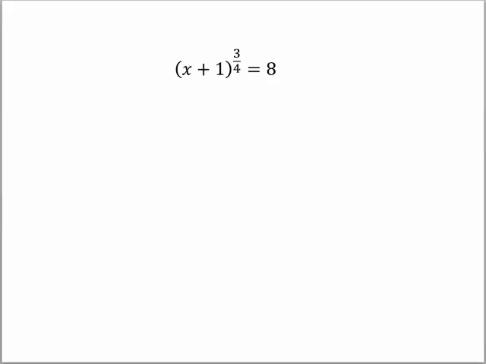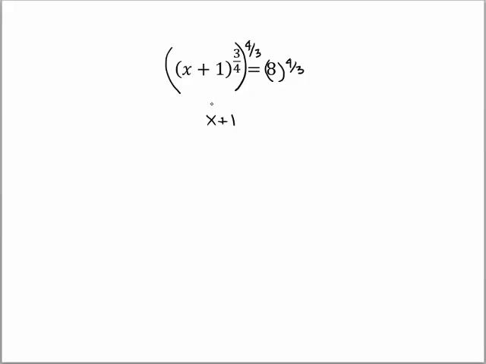All right, again, we're going to do the same thing. We want to get rid of that 3/4, so what do we multiply it by? 4/3. And the same thing with 8. We multiply that by 4/3. Okay, that becomes x plus 1.